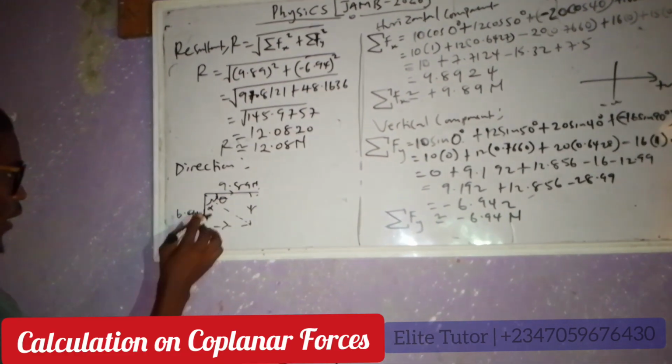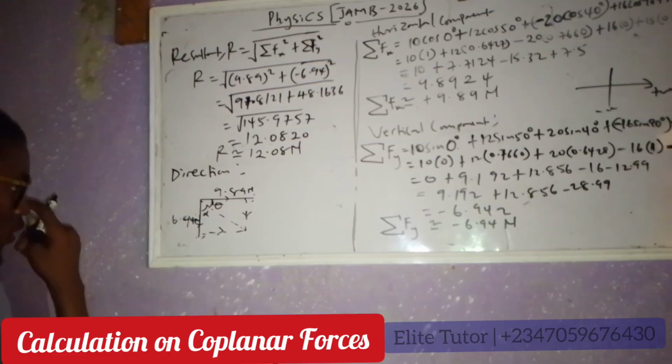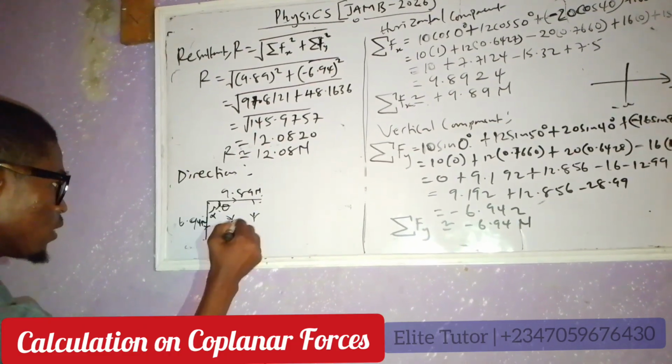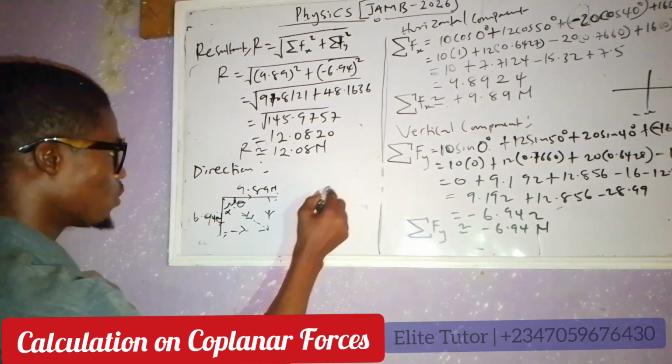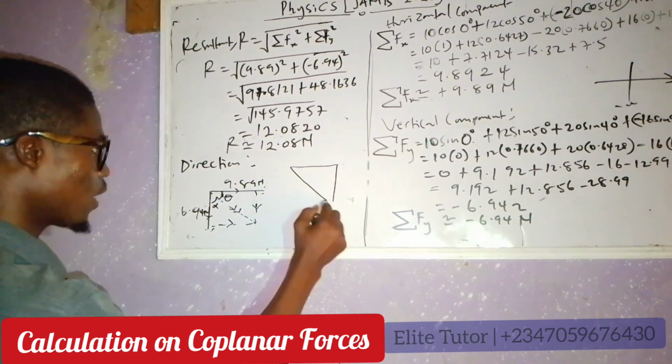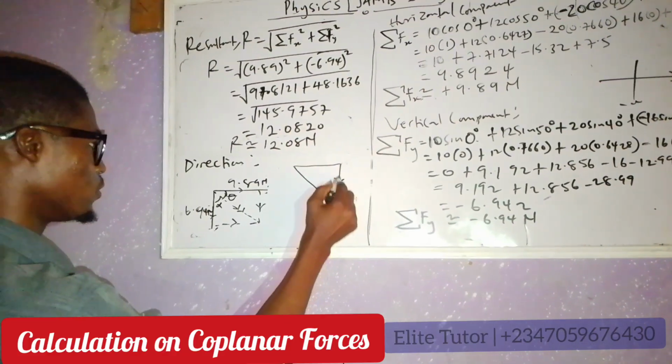By the law of vectors, if these two arrows come like this, one will close the case like this. So at the end of the day, we are going to be having something like this.